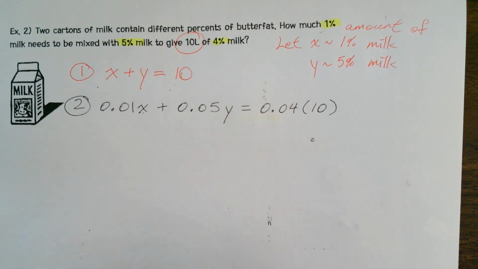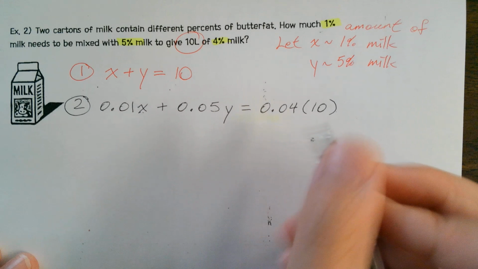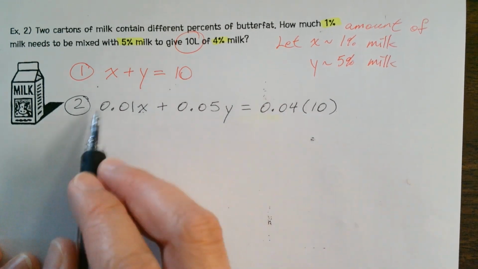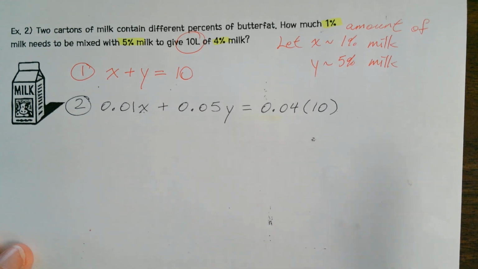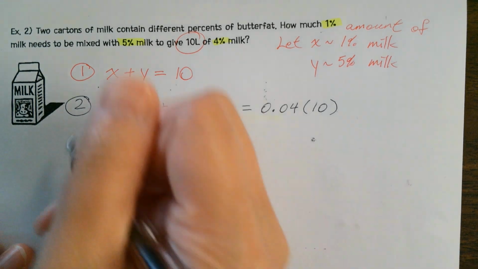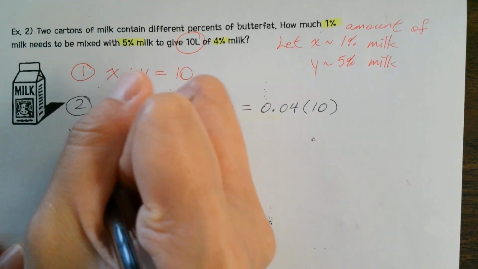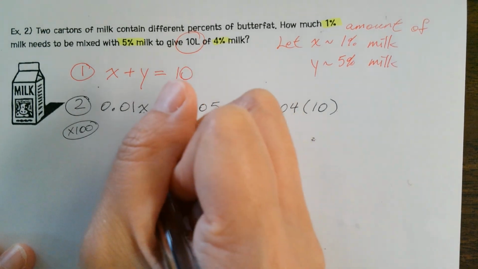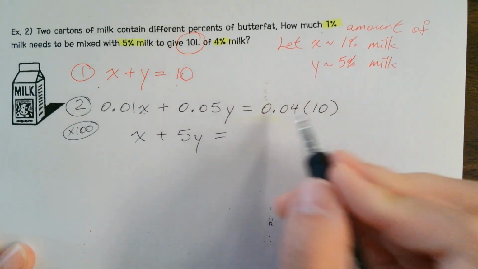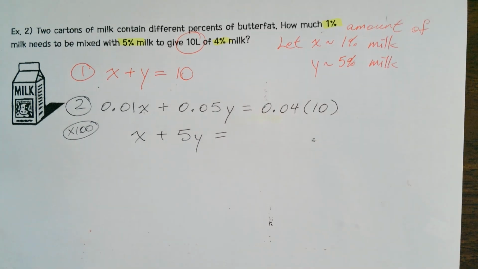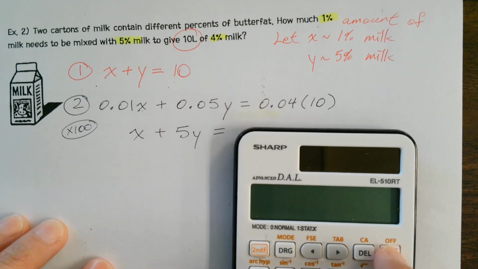But we hate decimals. We don't like decimals. Is there a way that we could multiply this to get rid of the decimals, Kelly? Multiply both of it. Yeah, multiply everything by 100. So this becomes x plus 5y equal? Well, let's take a look. Remember, we're timesing everything by 100.